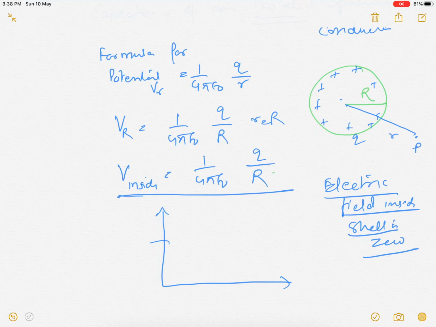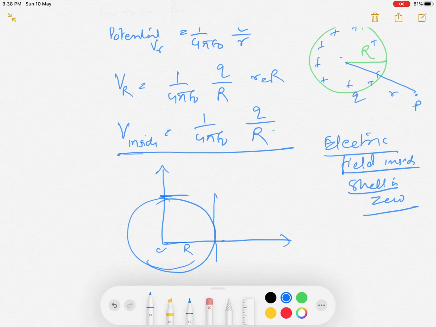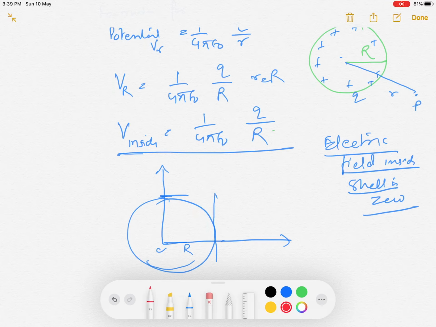So likewise we can draw the graph also. See, suppose this is the shell, and this is the radius of the shell. Till the radius we can say potential is constant. This is the potential. I will use a different color for potential. See children, this is the potential line, 1 upon 4 pi epsilon 0 q by capital R. This is potential inside the sphere and on the sphere it is the same, but as distance increases, it goes on decreasing.